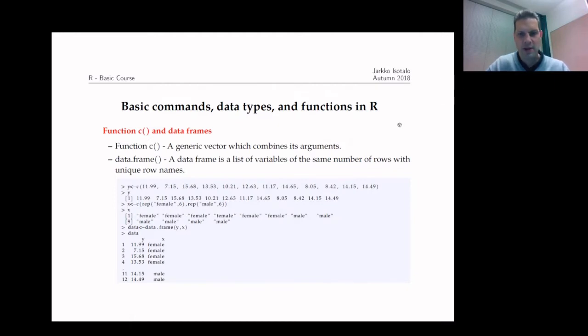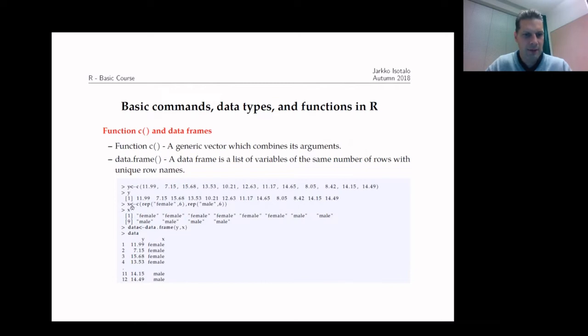So here we have some examples of how to use the function c and then how to construct the data frame. For example, we have defined here the variable y, which is now constructed by using this function c, with arguments which are just real numbers, and then we end up having a vector which has these real numbers.